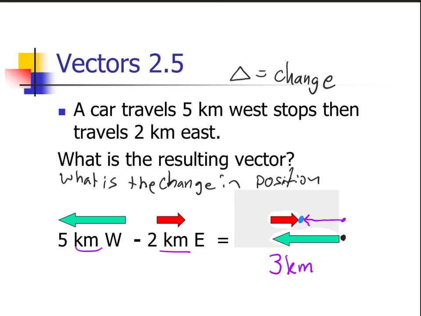And that's where drawing out helps us out. Because the purple arrow isn't pointing in what direction? It's pointing in the west direction. That's how we know what the answer is.